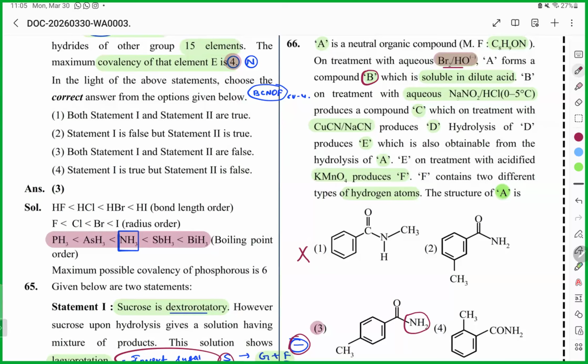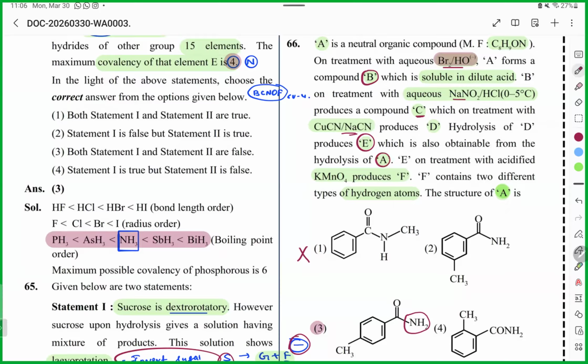Treating with the diazonium salt, B will be like aniline with CH3, but we don't know the position of CH3. So C will be produced, diazonium salt. Then cyanide will be produced. Then hydrolysis of D produces E. Hydrolysis means again amide, which is also obtained from the hydrolysis of A.